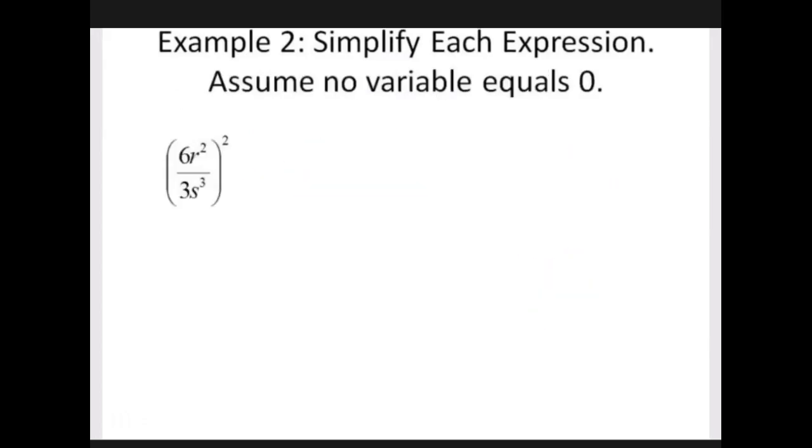If you have a fraction and they're being divided and then all raised to a power outside, that outside power distributes to all parts inside. So that's 6 squared, r squared, squared, which is like squared times 2, 3 squared times s cubed, also multiplied by 2.